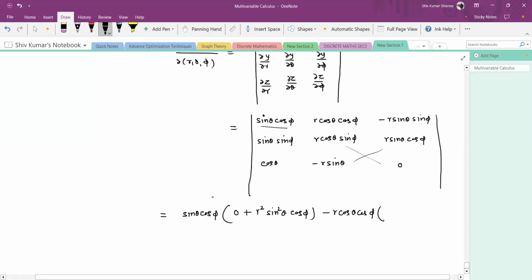For the next term, 0 minus r sine theta cos phi into cos theta. The third term has sign plus minus plus. We have minus r sine theta into sine phi, and the multiplication of these two terms, so we write minus r sine square theta into sine phi, minus r cos square theta into sine phi. Now we simplify this.